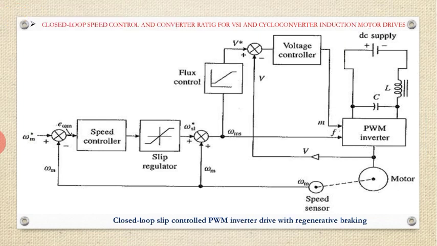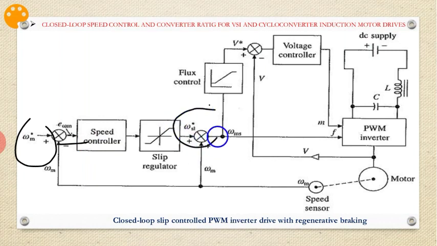Here, a step increase in the speed command omega star m produces a positive speed error. So what happens is the slip speed command is set at the maximum value.